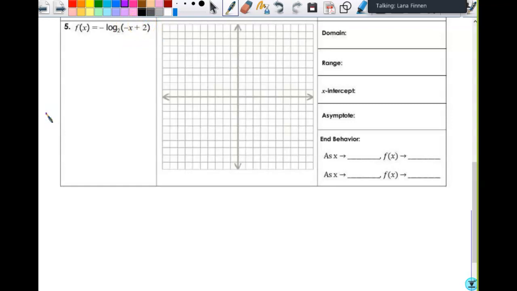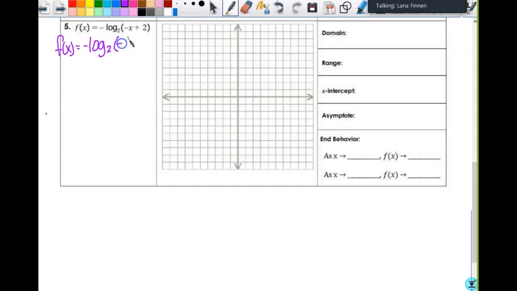But in all the ones that we have done so far, the coefficient of x has been 1. If there's been anything else, like it's been negative or it's been a number to do a horizontal stretch or compression, whatever, it's been factored out every time. So in order for us to look at this and know which way we're going, the coefficient on x has to be 1. So I have to rewrite this as f of x equals negative log base 2 parentheses.